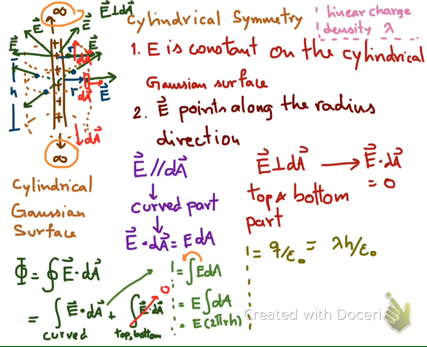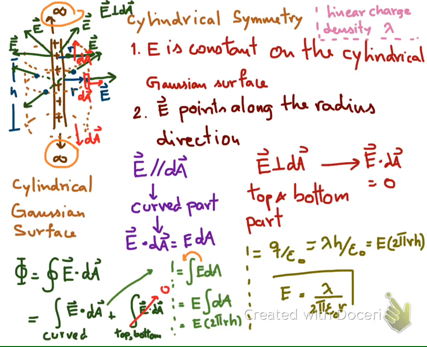So we have that this term is equal to lambda h over epsilon 0, and E is equal to lambda over 2 pi epsilon 0 r.